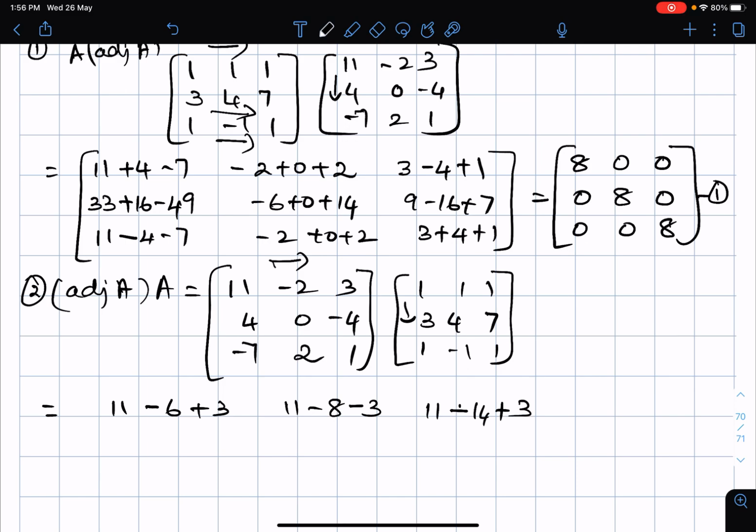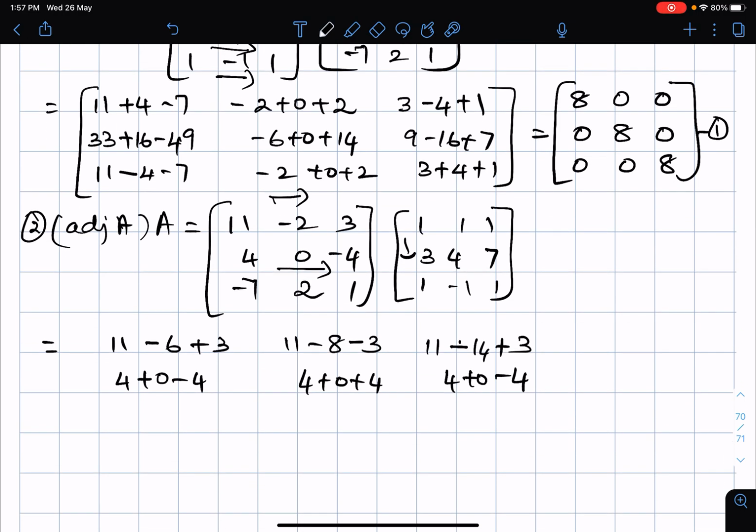Now second row into our first column, 4 plus 0 minus 4, 4 plus 0 plus 4, 4 plus 0 minus 4.